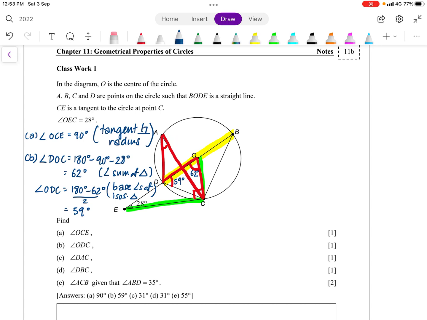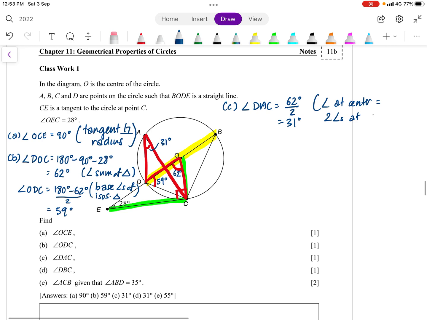I can conclude what is the angle DAC. It will be 31, half of 62. So angle DAC equals to 62 divided by 2, you get 31. Angle at center equals 2 times angle at circumference.